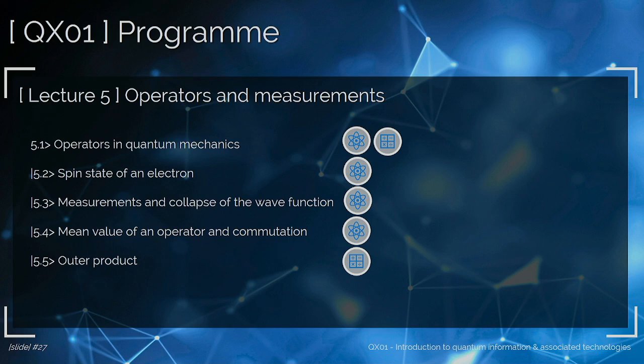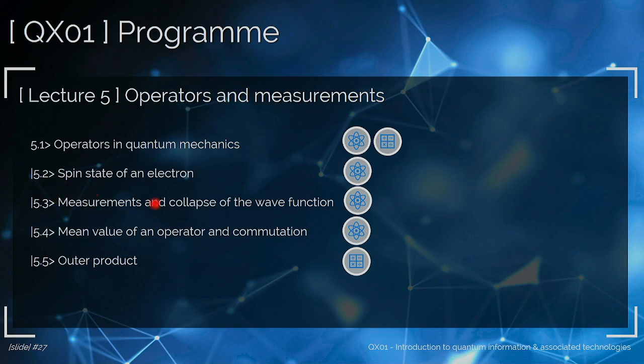We're talking about matrices. Then, as promised, I will focus on another physical system, which is the spin state of an electron. I will keep it low profile, just to introduce it because it's a nice alternative to photons to illustrate some aspects of quantum technologies.